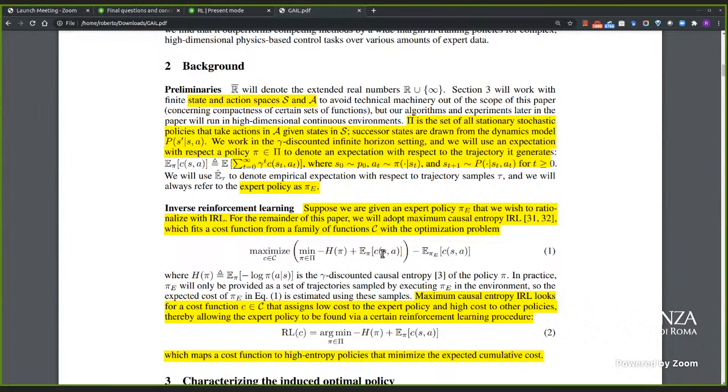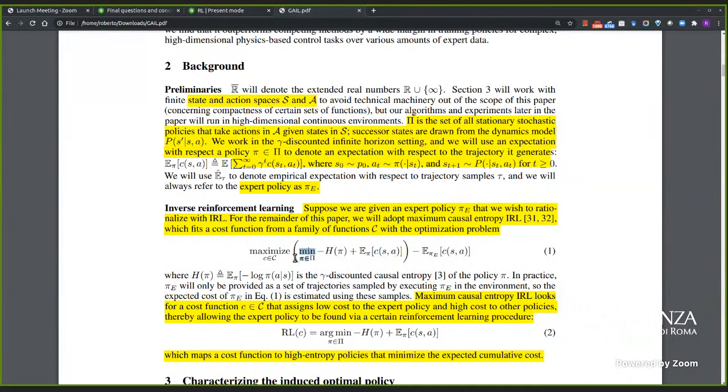This other policy, however, will be a maximum entropy policy. And here, given this is a minimization problem, they have the minus in front of the entropy in order to maximize the entropy. So a maximum entropy policy's cost will be anyway higher than the cost of the expert policy, and so they're trying to maximize this difference between the costs. So the optimization here is over the cost function. So there are two optimizations here, as you see.